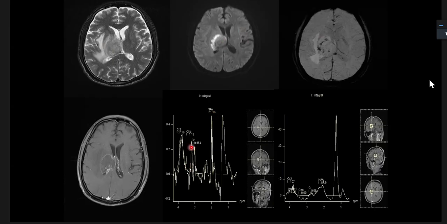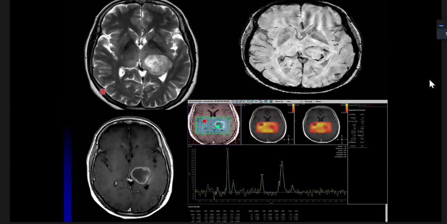The other one was a primary tumor because it has a raised choline creatinine ratio. But this could still be a solitary metastasis. How do you differentiate a primary tumor from metastasis based on a single imaging parameter? Do a spectroscopy around the perilesional edema of the lesion.